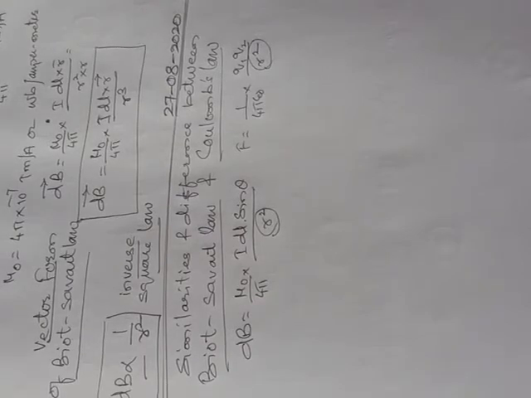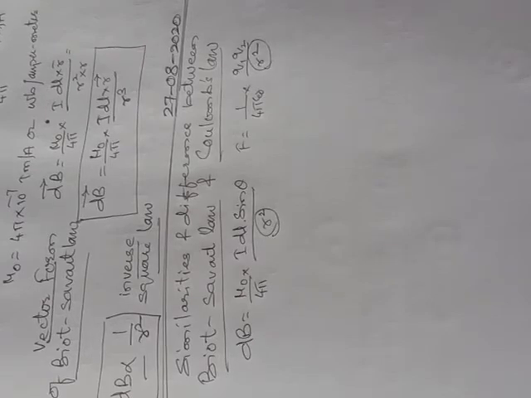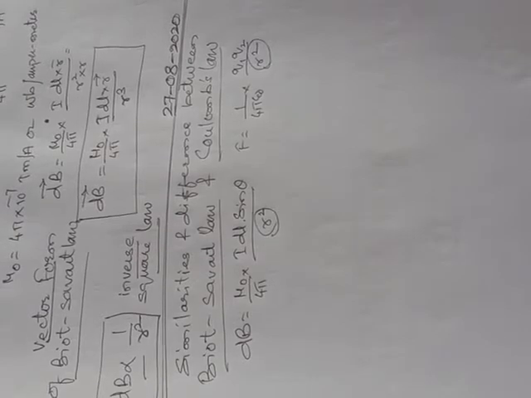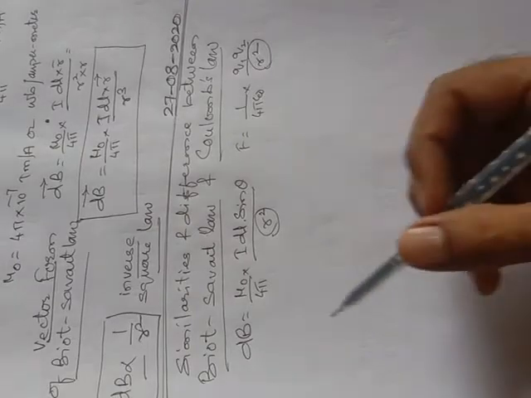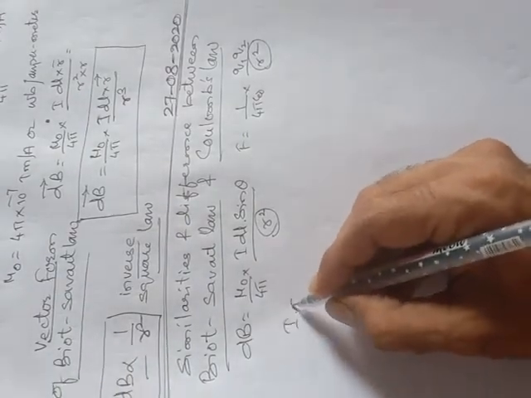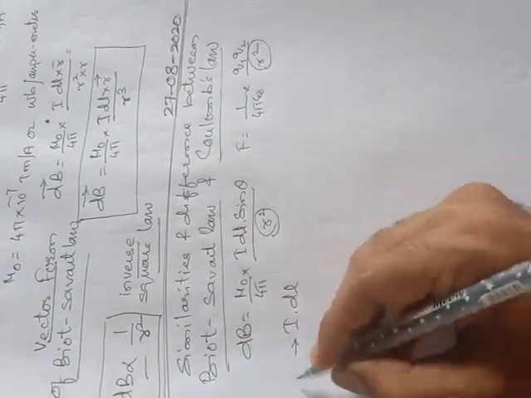Third, the principle of superposition applies to both fields, the electric field and the magnetic field. In the case of the magnetic field, the linear source is given by the product I into dl.